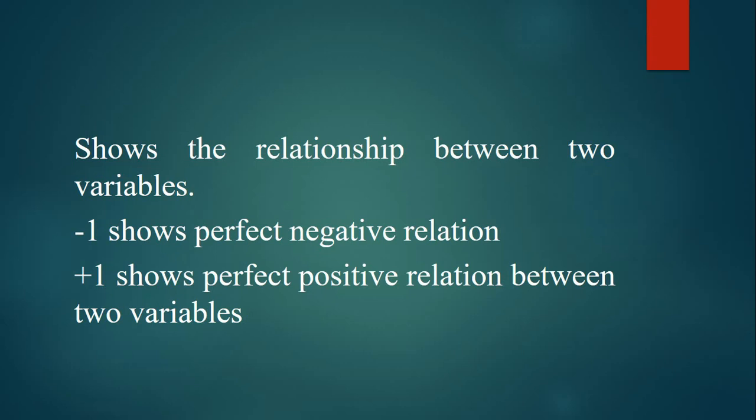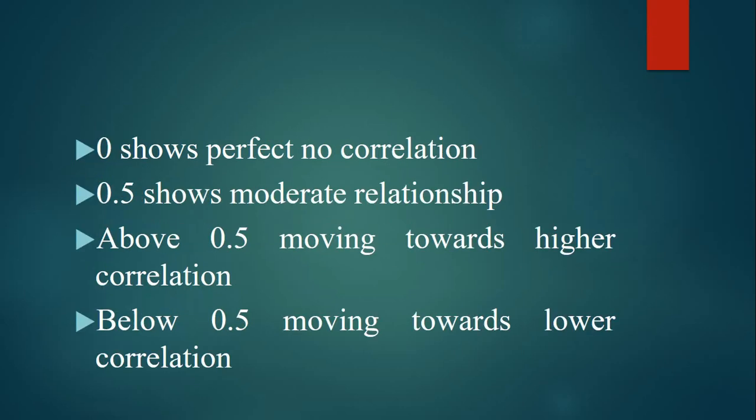Here, if we get the result -1, it indicates a perfect negative correlation between two variables, while +1 indicates a perfect positive correlation between two variables. However, if we get the figure 0, it indicates no relationship between variables.